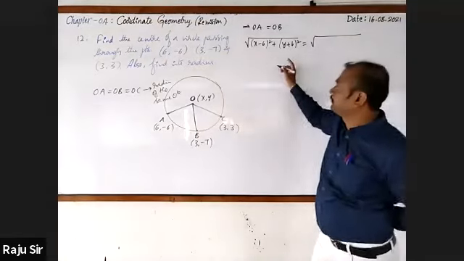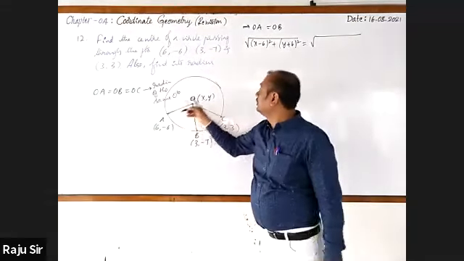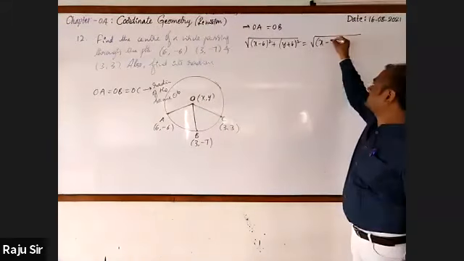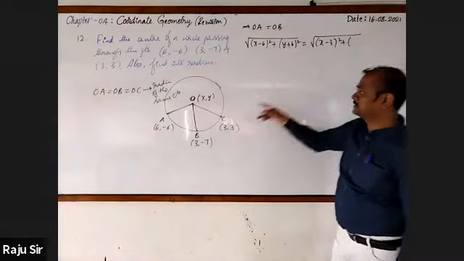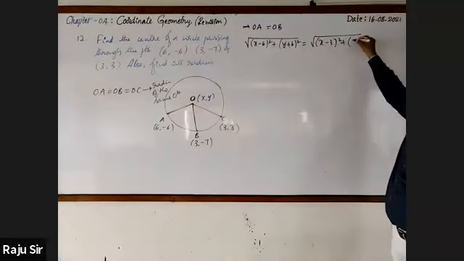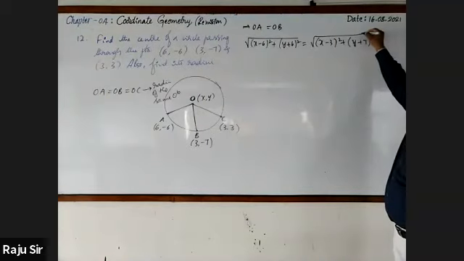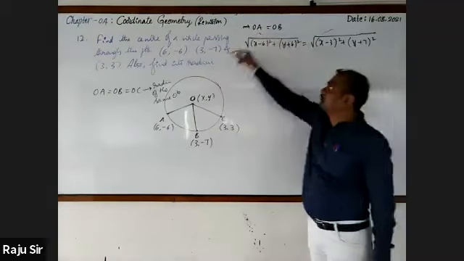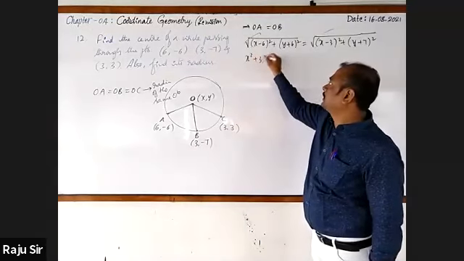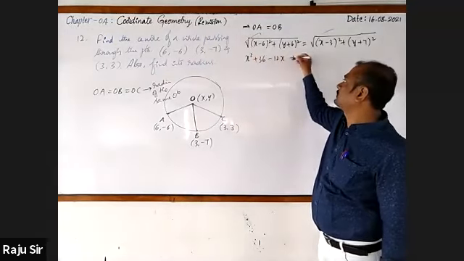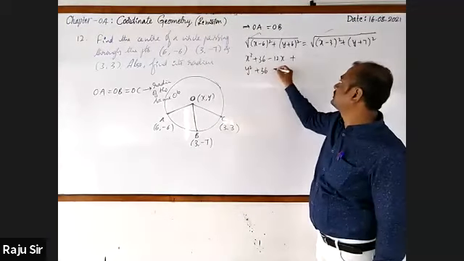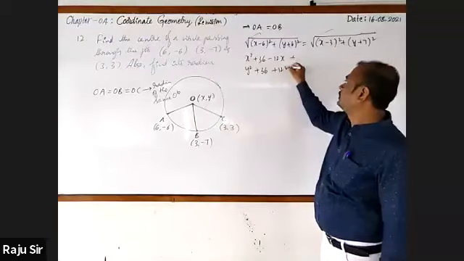Then OB is x minus 3 whole square plus y plus 7 whole square. Root gets cancelled. X minus 6 whole square is x square plus 36 minus 12x, plus y square plus 36 plus 12y.